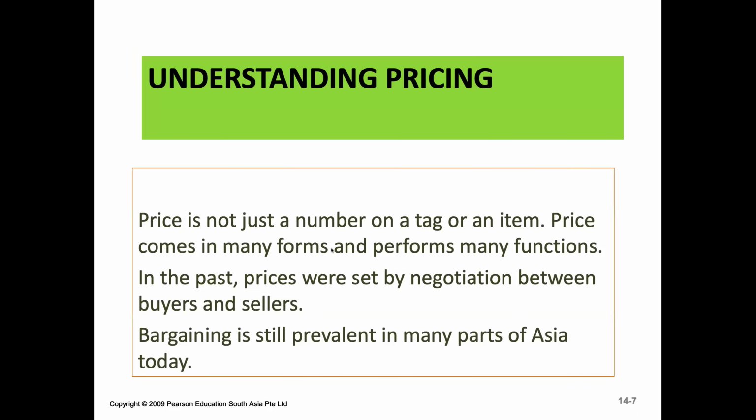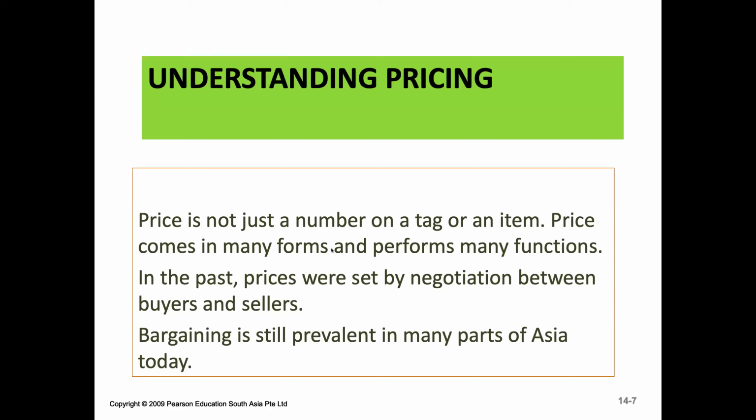So, what is pricing, or to understand what price is? Price is not just a number. Price comes in many forms and performs many functions. In the past, prices were set by negotiation between the buyers and the sellers. And bargaining is still prevalent in many parts of Asia today.